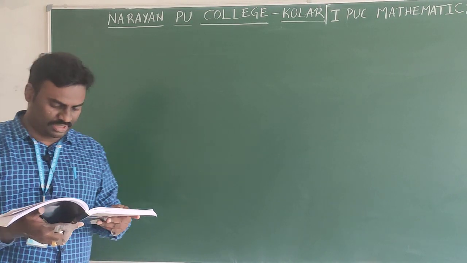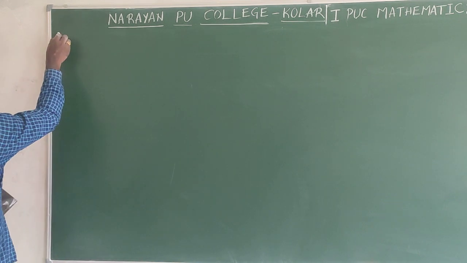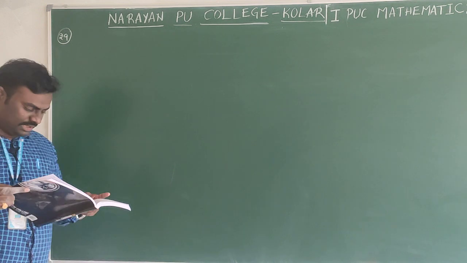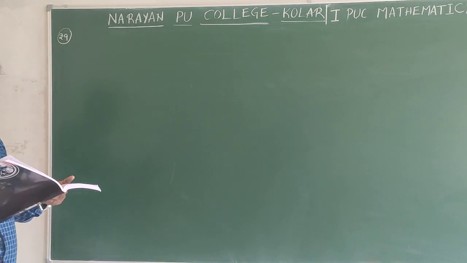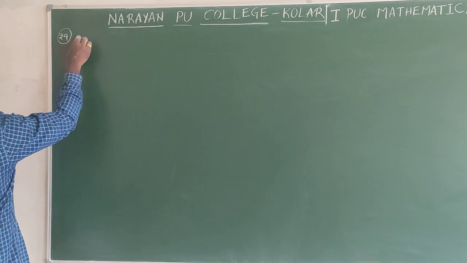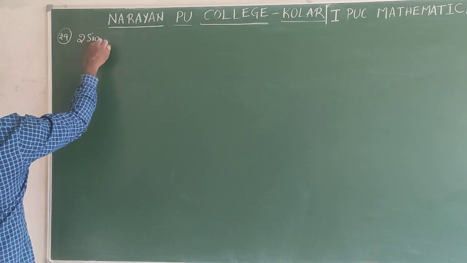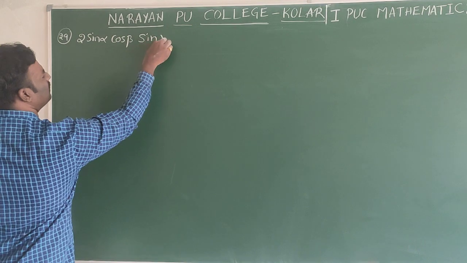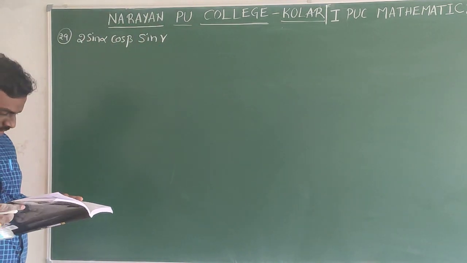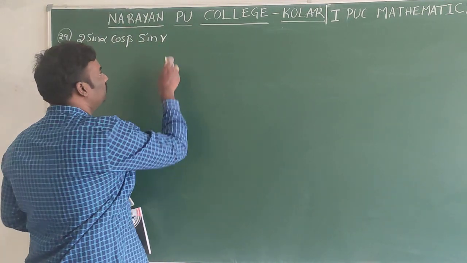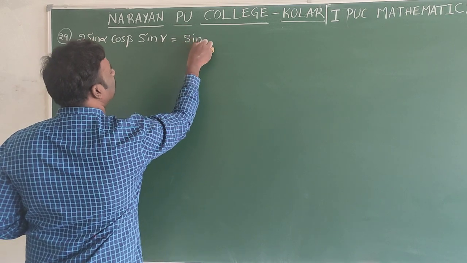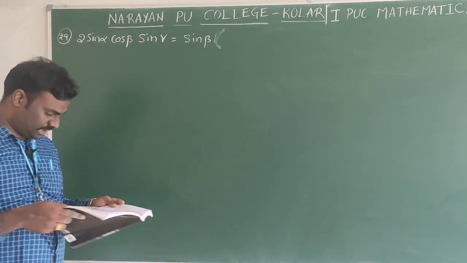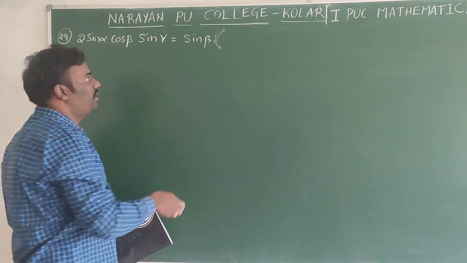Next, question number 29. In question number 29, they given if 2 sin alpha cos beta sin gamma is equal to sin beta into sin of alpha plus gamma.